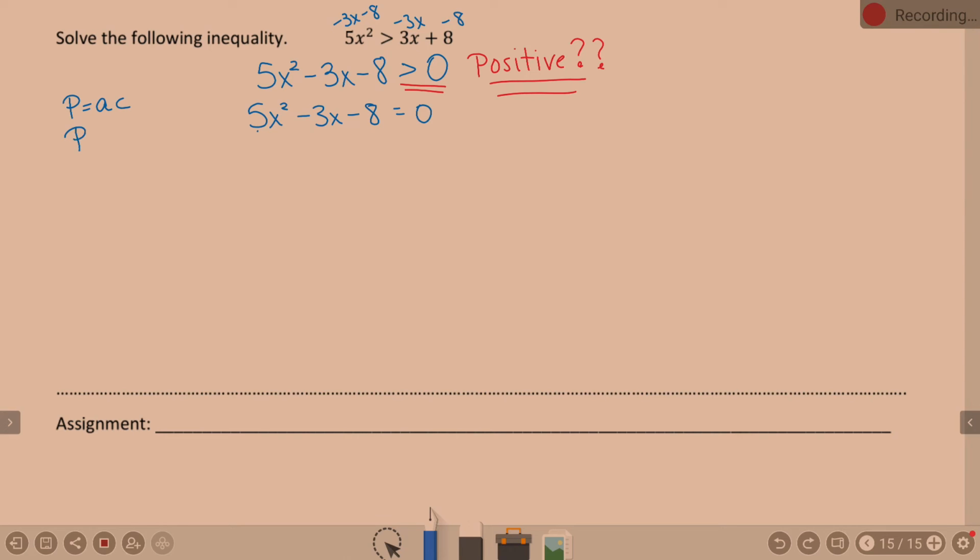Product of AC. What are A and C? 5 and negative 8. So I want a product of negative 40 and a sum of negative 3.